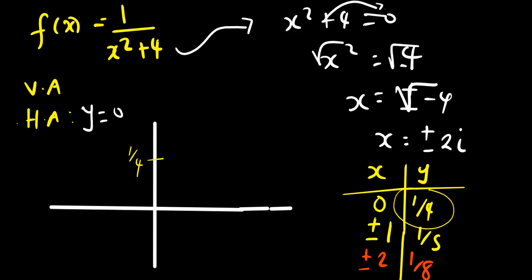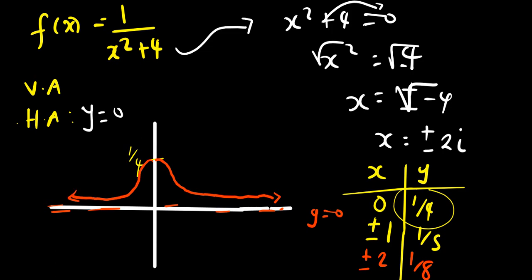Because it is reducing, and the horizontal asymptote is at y = 0, which is the x-axis, the behavior of this function is that this will be the maximum, but it will be reducing and it won't touch the x-axis. It goes in both directions, because we've also tried the negative numbers.